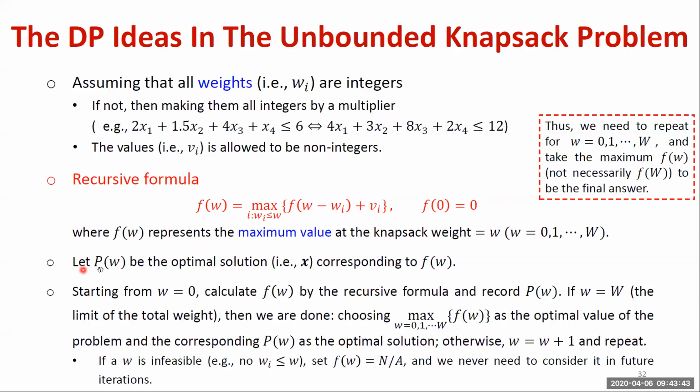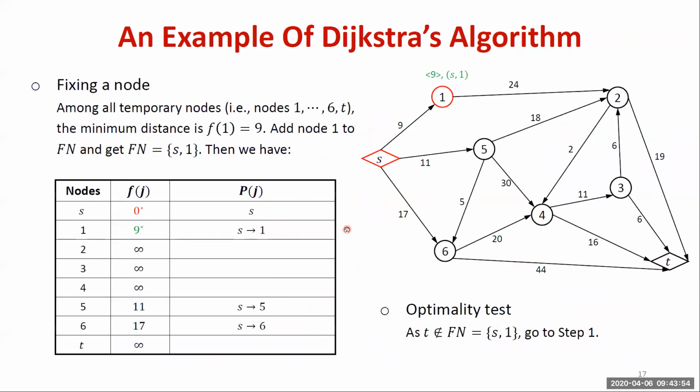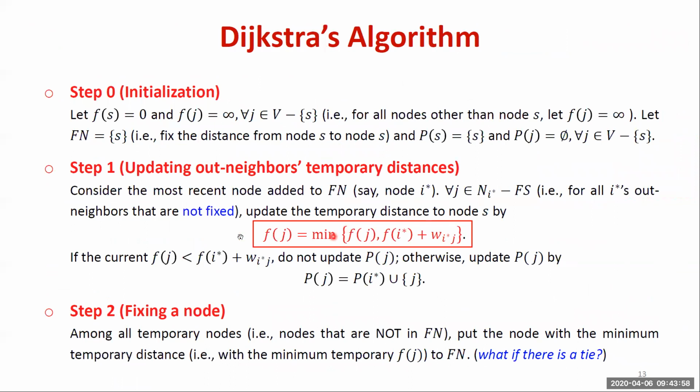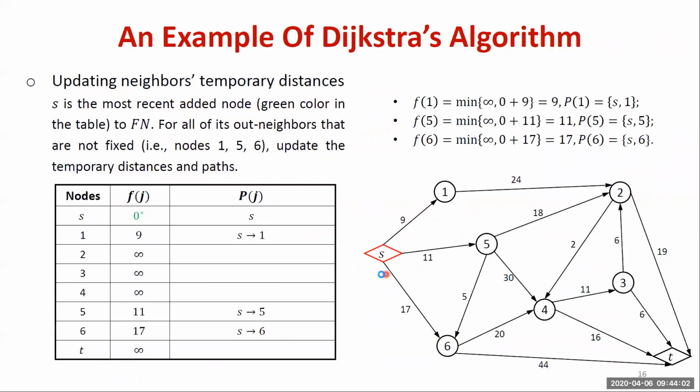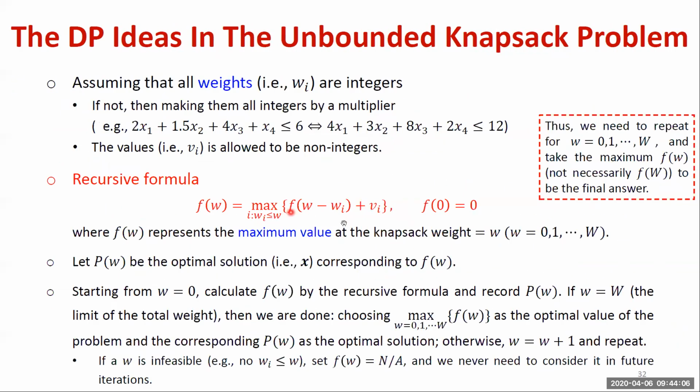And similarly, I use P to indicate the optimal solution. You can see the notation here, FW and PW, is exactly the same as the notation in the shortest path, because basically they are the same problem. There's no difference at all. So this is also FJ and PJ, and this is FW and PW. Here we go.